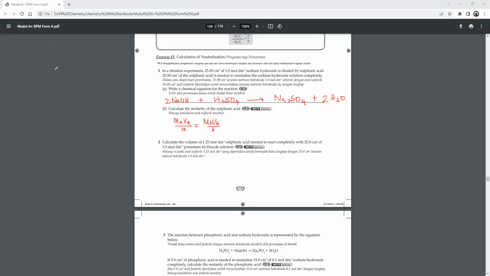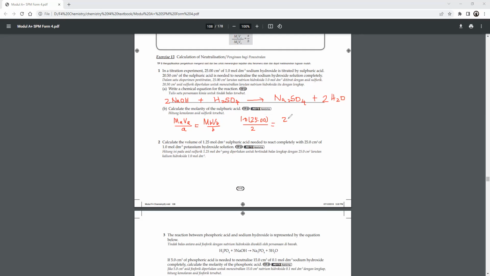I do it here. Molarity is 1.0 times 25.00 over the number, it is 2. It is equals to, right?